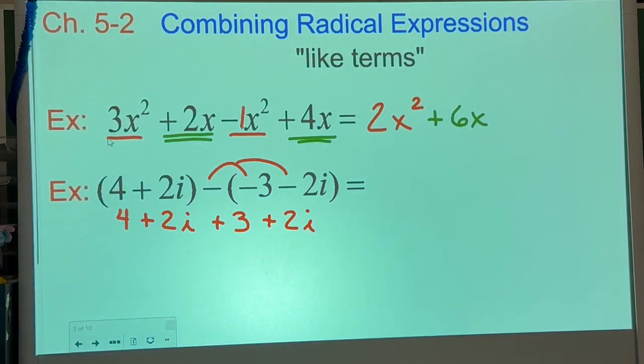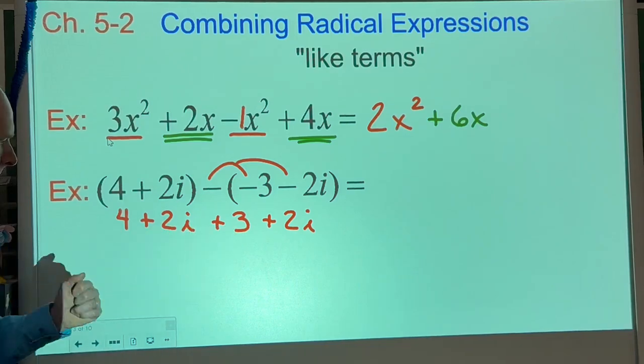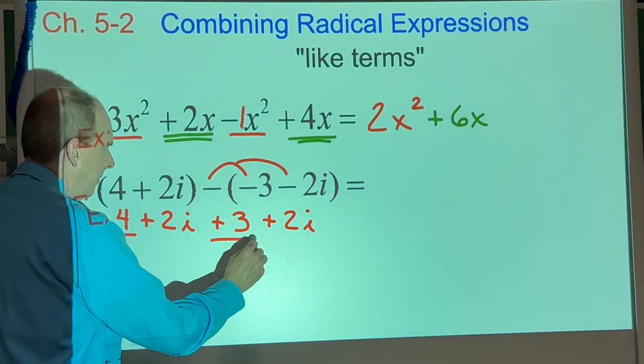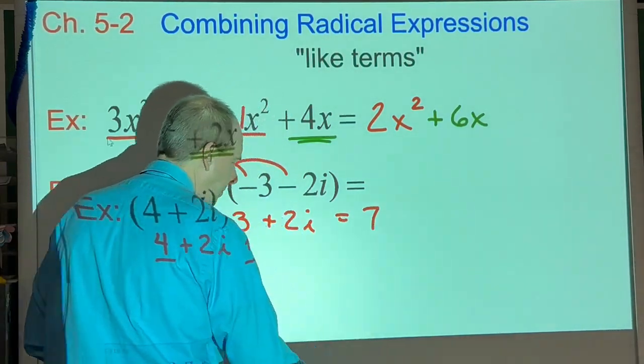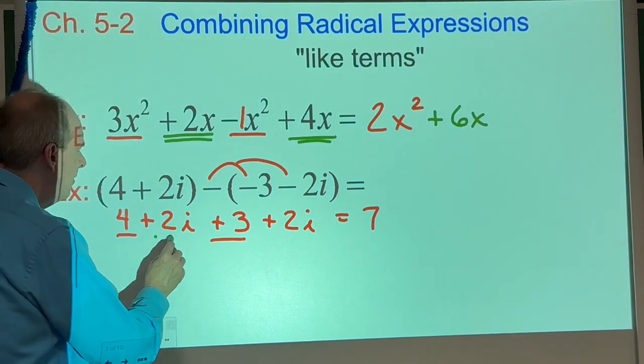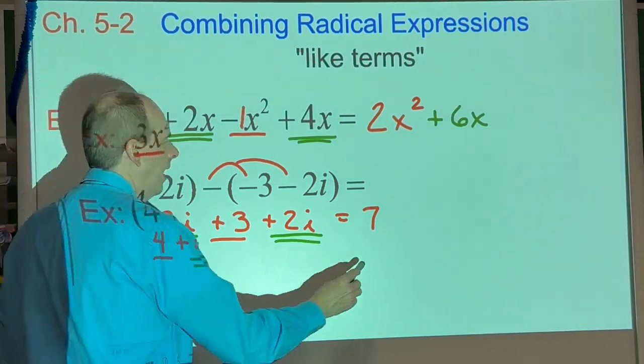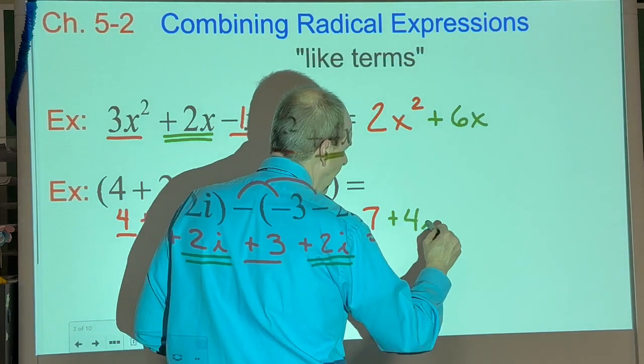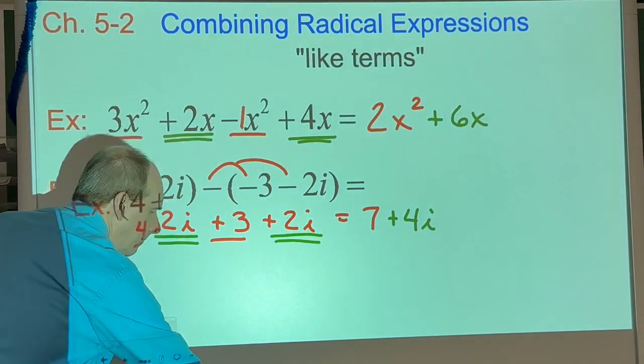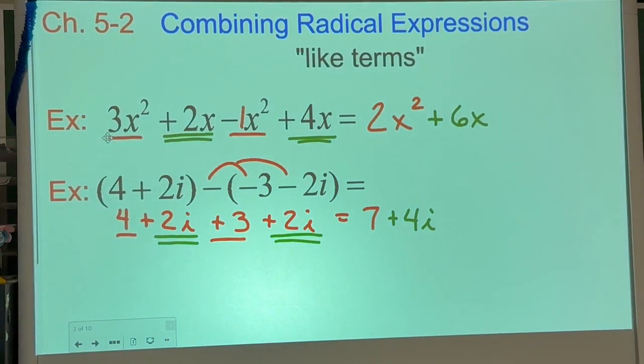And I look for like terms. Real number with real number, 4 plus 3, those are like terms. And imaginary with imaginary, 2i plus 2i would be 4i. We don't do any more with it because 7 is real, 4i is imaginary.